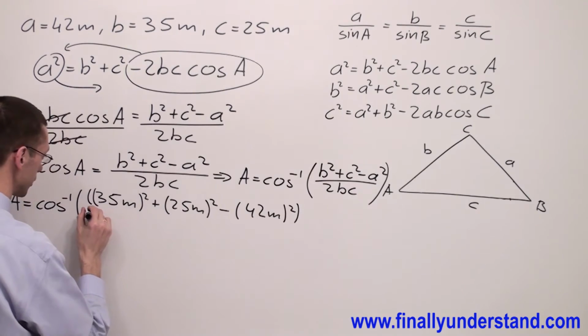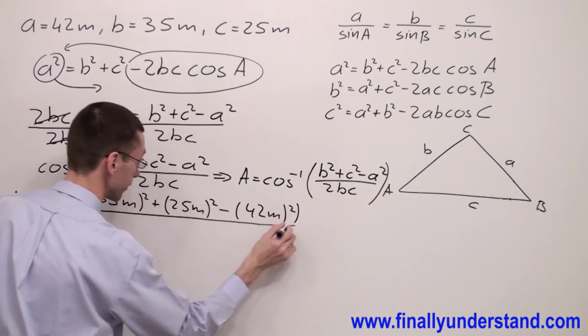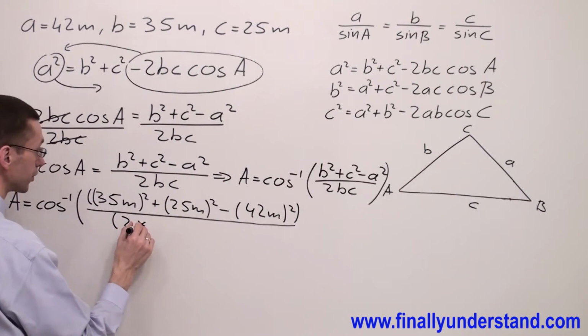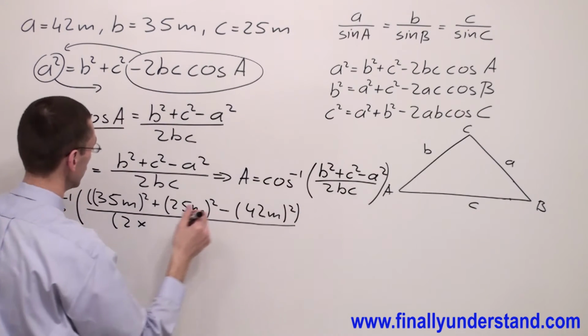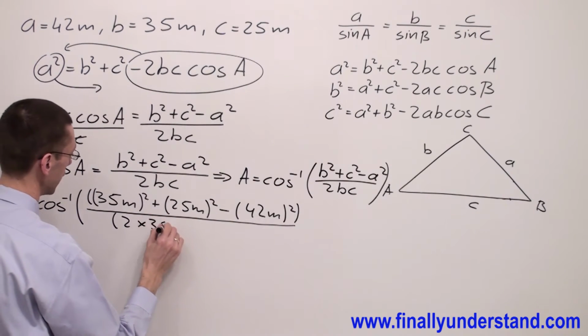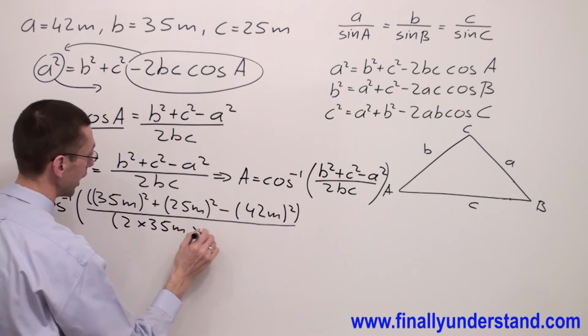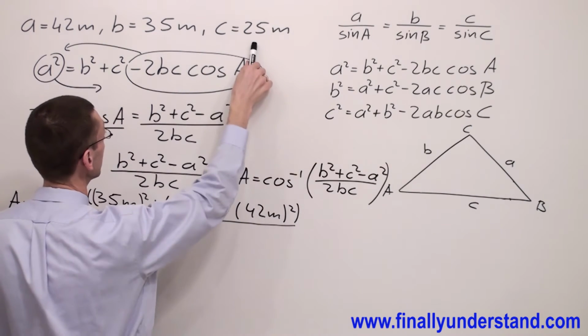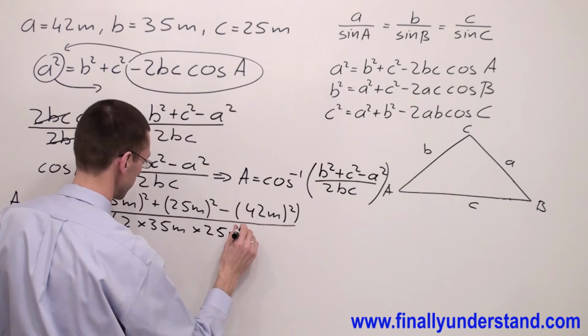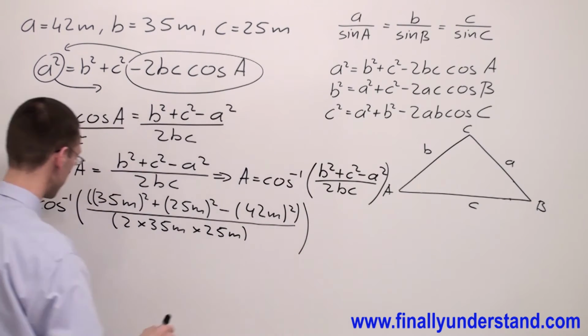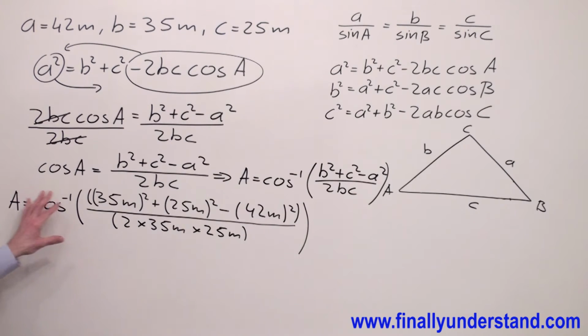Close parenthesis, divide by 2 times B, which is 35 meters, times C, which is equal 25 meters. Okay, plug in everything into the calculator.